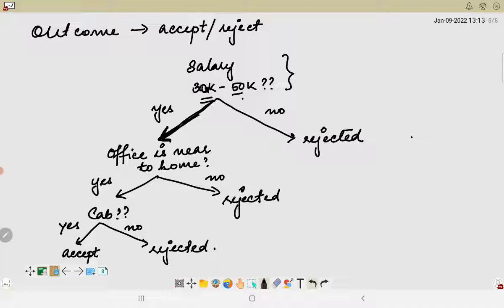If my office is not near to home, I will simply reject it. Now this node further cannot be classified. But after this particular decision is true, it can be classified again, whether I'm getting a cab facility or not. If I'm getting a cab facility, then definitely I will go to the leaf node which says that it is accepted. So this is how a very simple decision tree works.